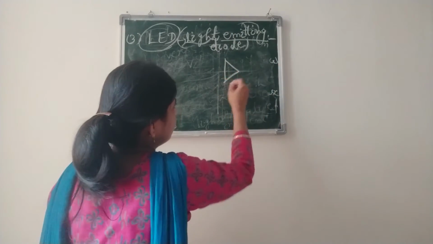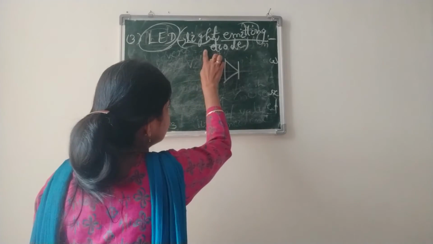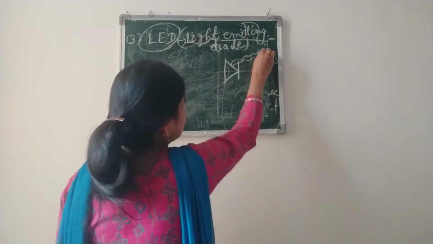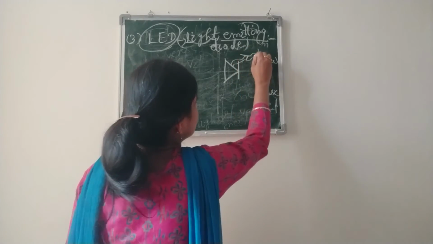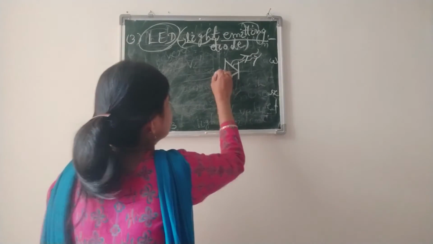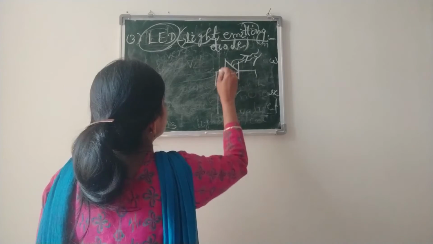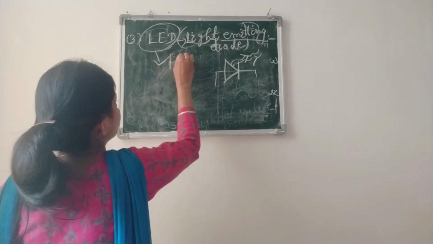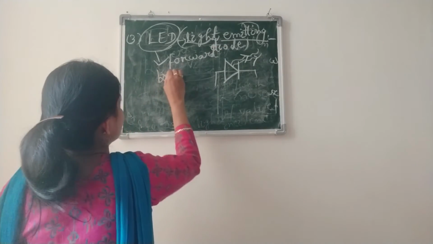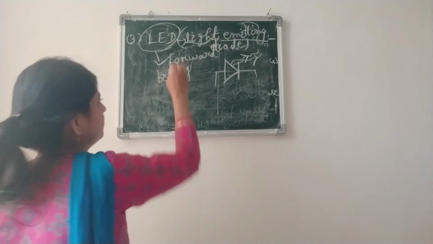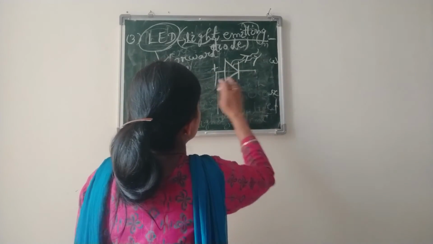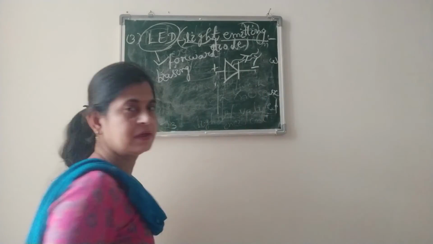So the symbol of your LED, this is also a PN junction for special purpose. This will emit light, that means you have to mark the direction like this. Clear? But the LED works in forward biasing. So this will be connected to positive and this will be connected to negative.